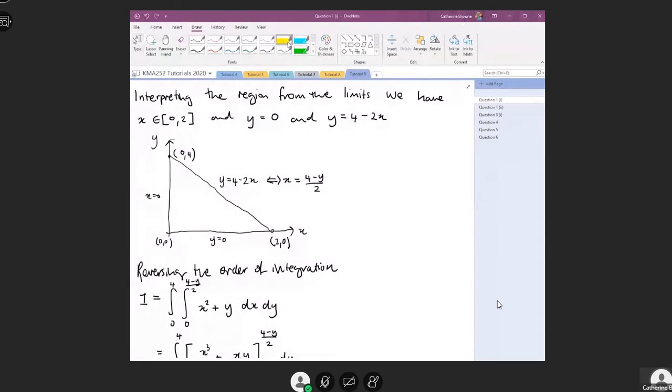So the region of integration is everything inside this triangle that I'm highlighting in yellow here. That's the region of integration. Cool.